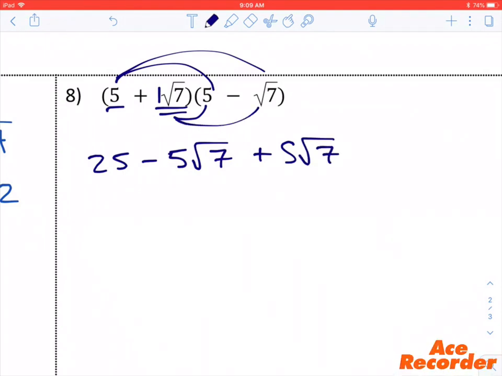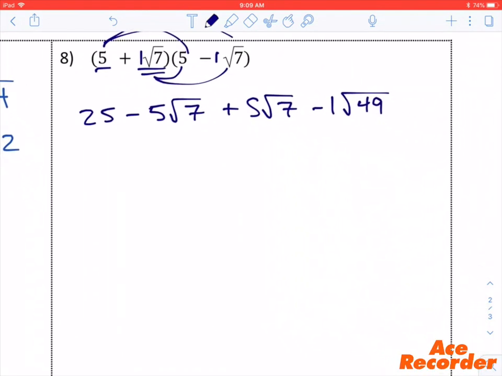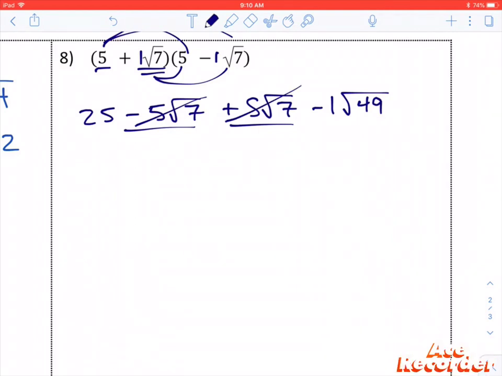And then 1 times negative 1 is negative 1 square root of 7 times 7 is 49. Or you can lift the lid and make that a 7 right away. That's kind of up to you. So combine like terms. Those cancel each other out, actually. Negative 5 plus 5 is 0.